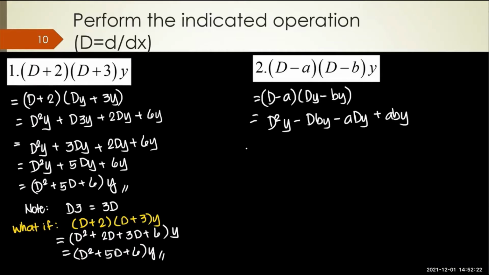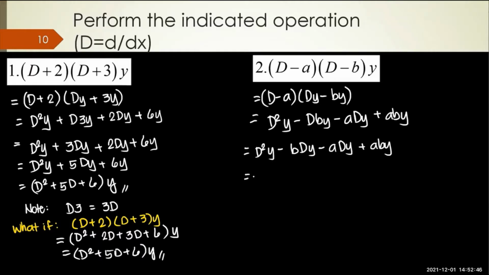All right. Do take note that I can say here b Dy because the b there is a constant. I can bring out a constant just like in your integral calculus, in your differential calculus. So here minus a Dy plus ab y.